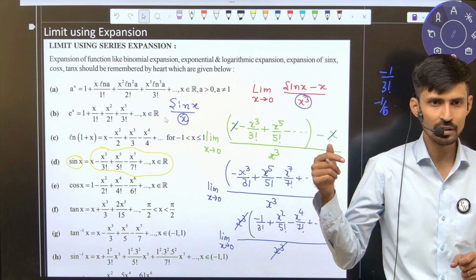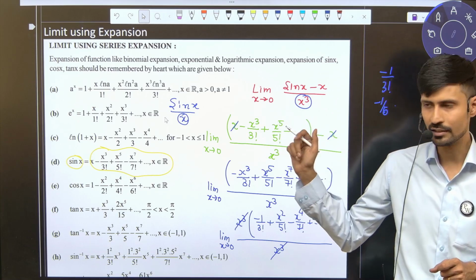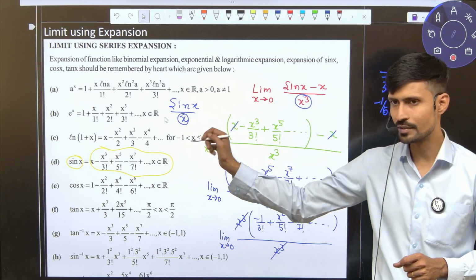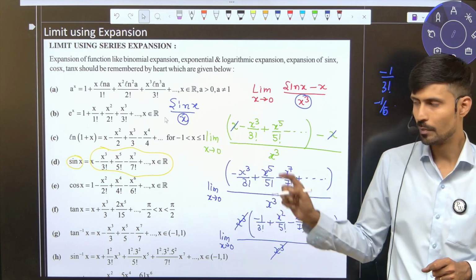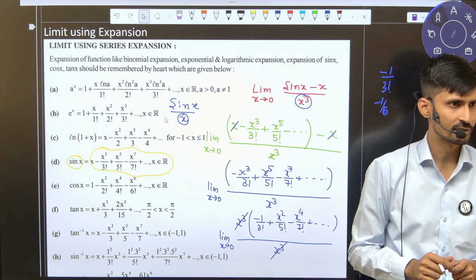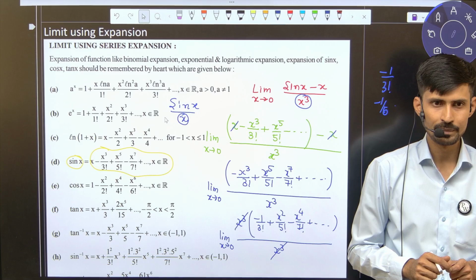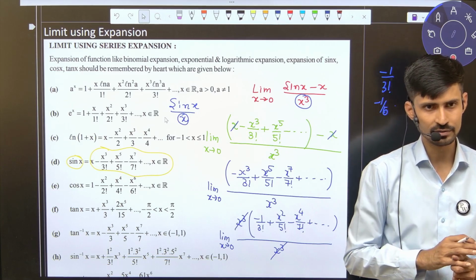Then in trigonometry we have 3 formulas: sin, tan, 1 minus cos. So here it is only sin. So now I will write the formula of sin and I will think, yes, sin only requires 1 x in denominator. But here we have more than 1 x, means x cube is there. Okay. Now in this question we'll apply expansion first.